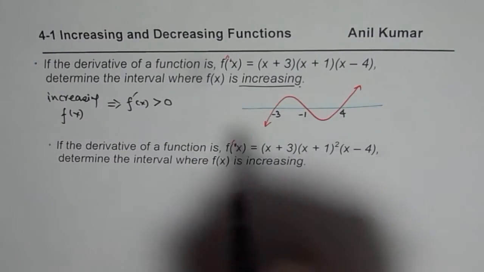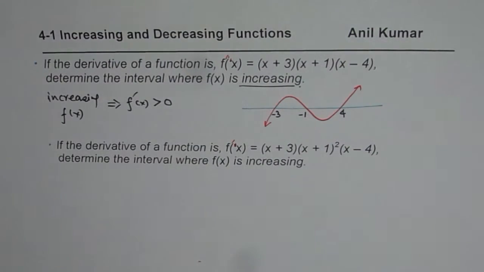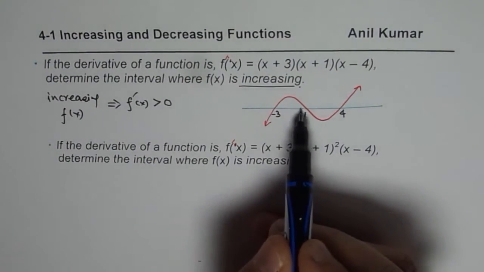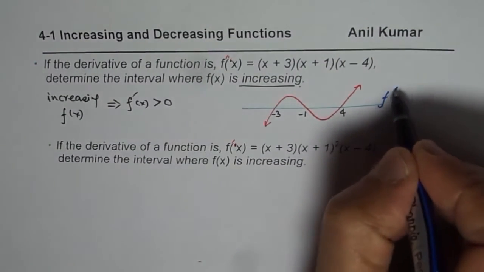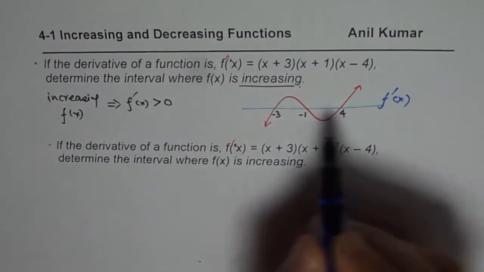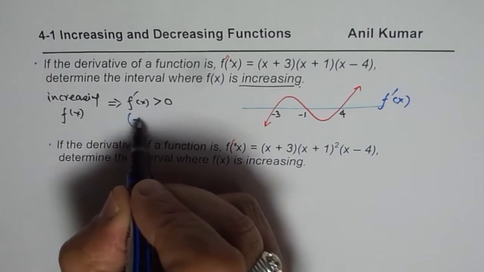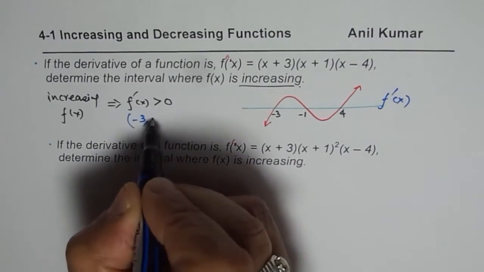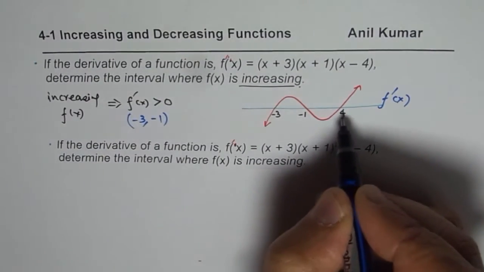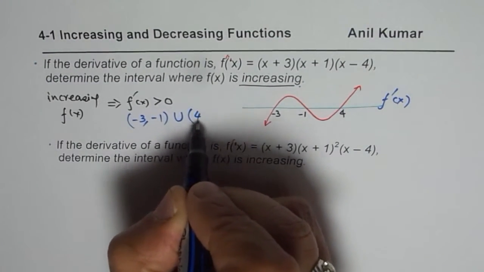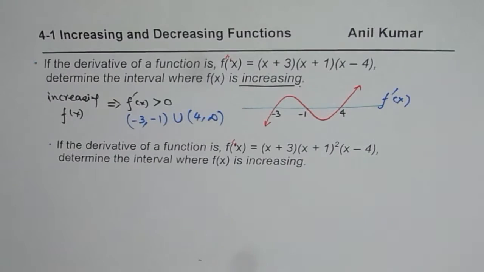Now from this we can easily read the interval where the derivative f dash x is positive. It is positive in the interval from minus 3 to minus 1, and then it's positive after 4, so union 4 to infinity. That becomes the answer for part 1.